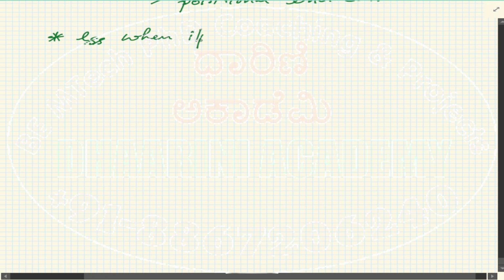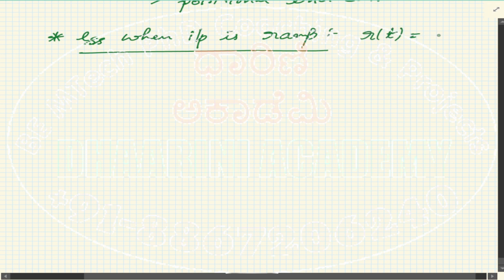ESS when the input is a ramp. Ramp signal is simply r of t equal to t, correct? So what is the r of s? The Laplace transform is 1 over s square.